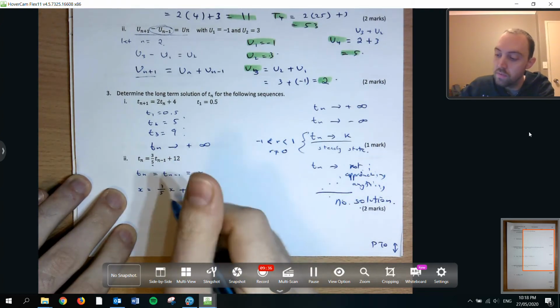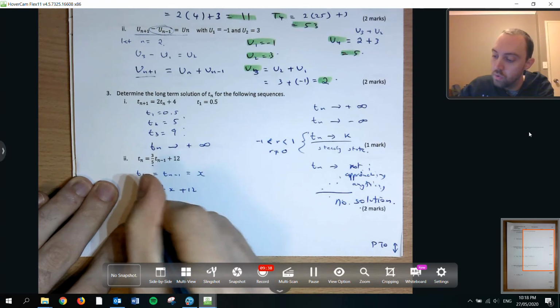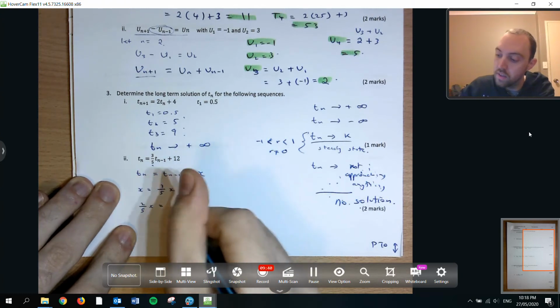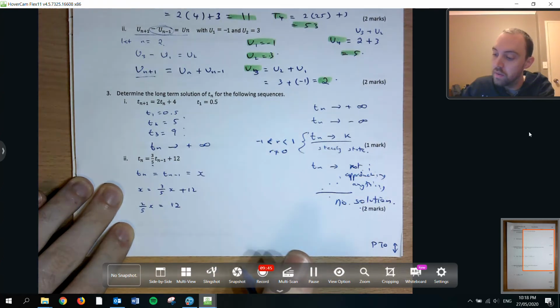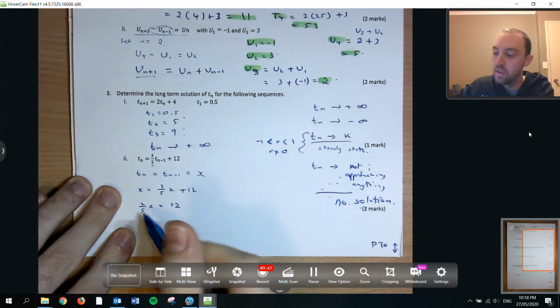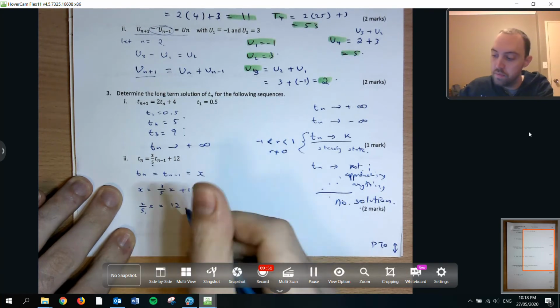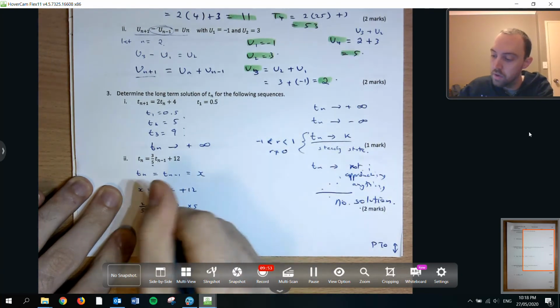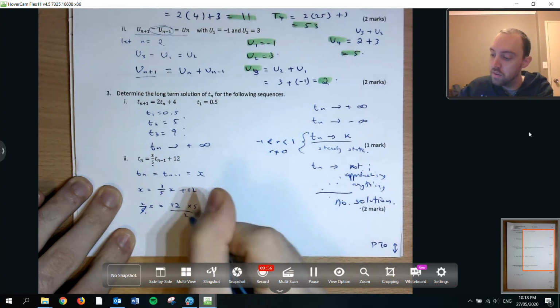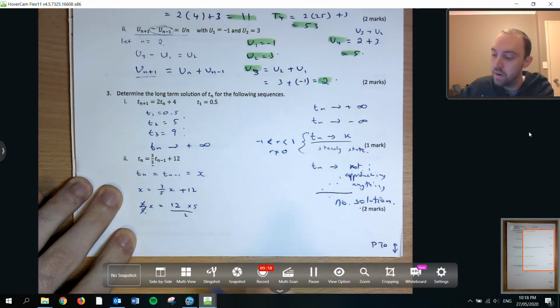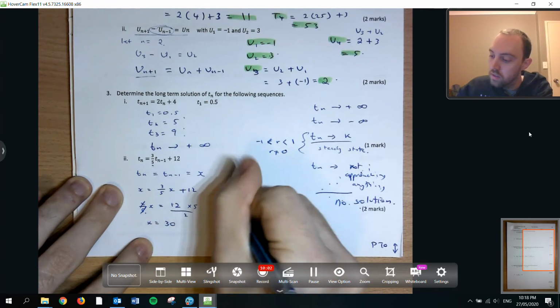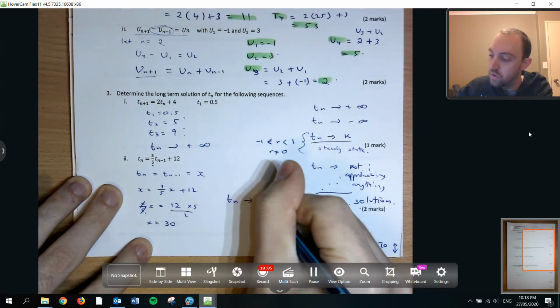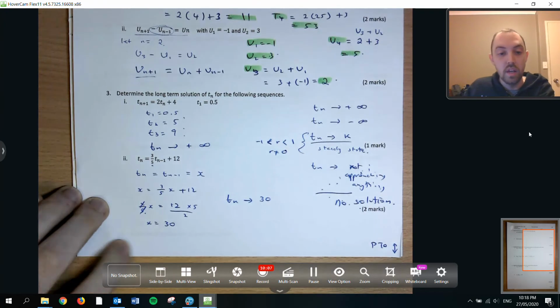Take 3/5 from both sides, which would be 2/5 x on this left-hand side. Add 12 on the other. I would need to times by 5, gets rid of that part of my fraction, and then divide by 2, gets rid of that part of my fraction. So x is equal to 30. Tn approaches 30 in the long term.